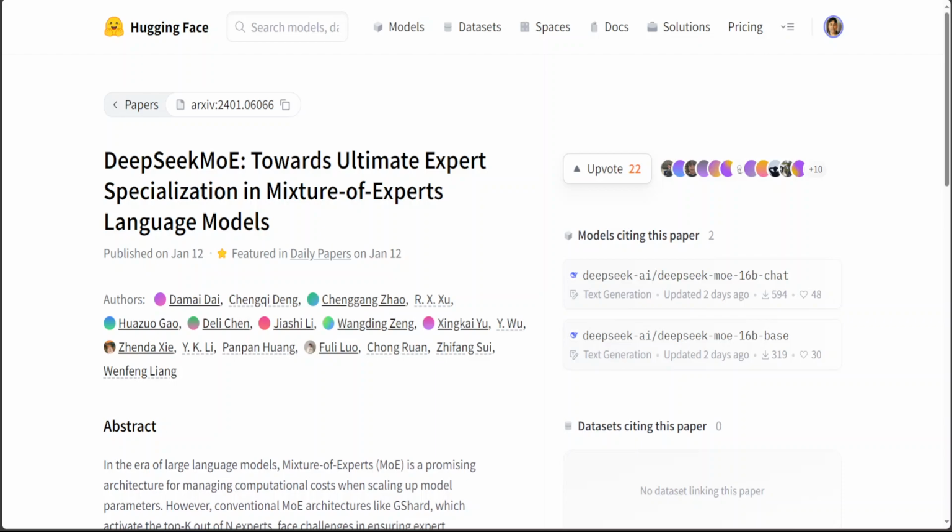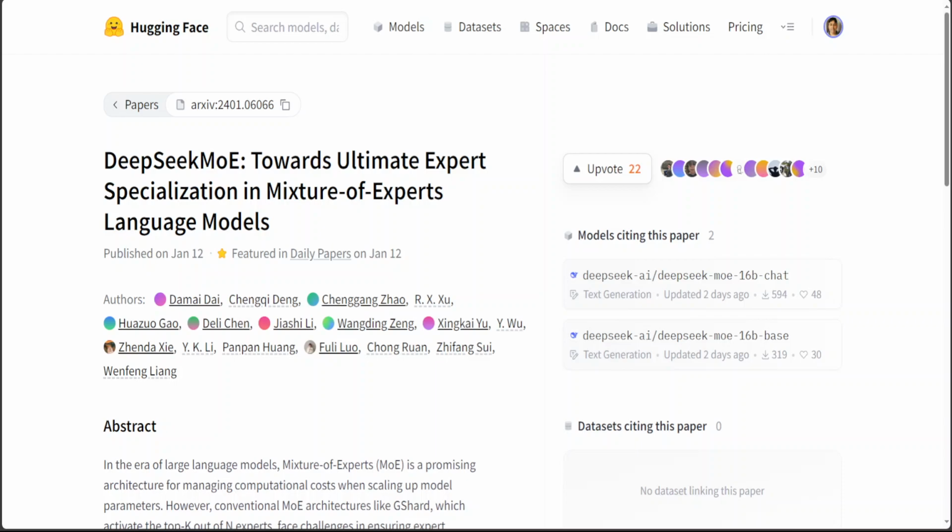Secondly, it isolates K_s experts as shared ones, aiming at capturing common knowledge and mitigating redundancy in routed experts. And this is a hugely promising architecture which is building upon the mixture of experts.